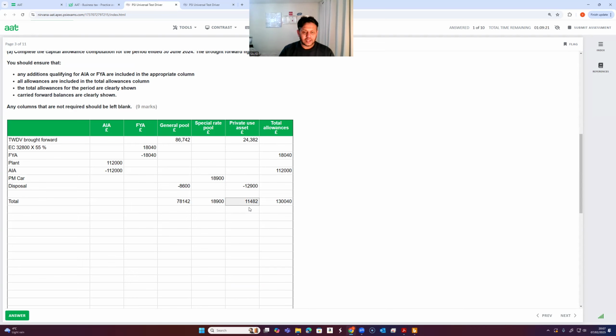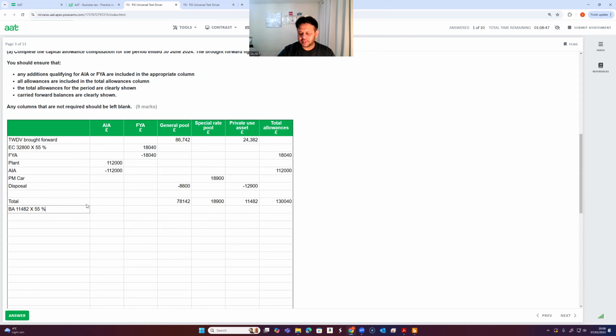So here we have 11,482. This one we have the difference. And from here we can only claim the allowance for the business portion. So let's have a look. So we said the balancing adjustment. So we have 11,482 multiply 55%, because 45% was for the personal, so the business should be 55.